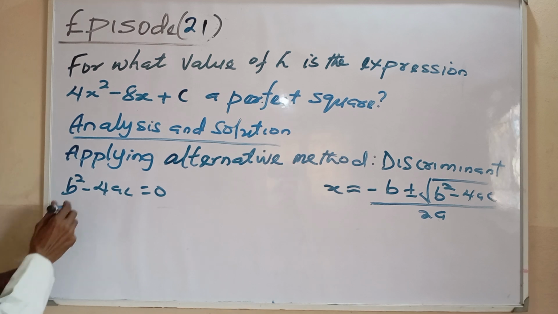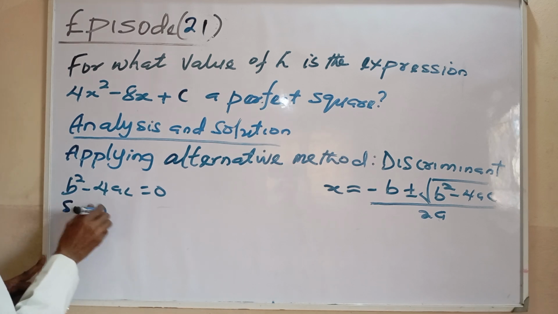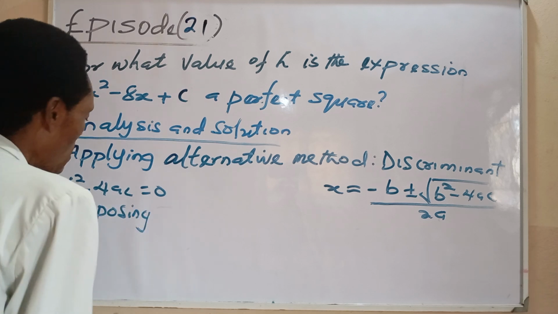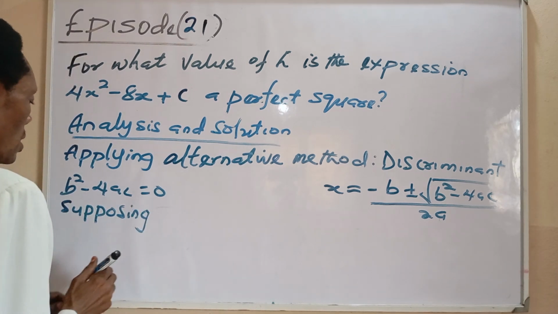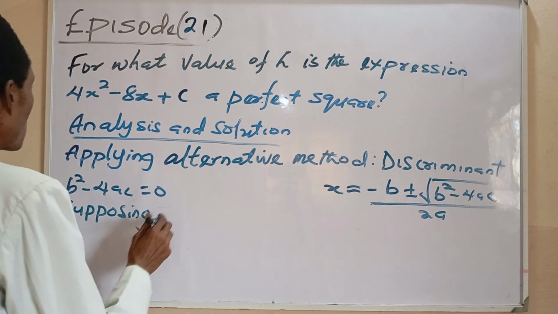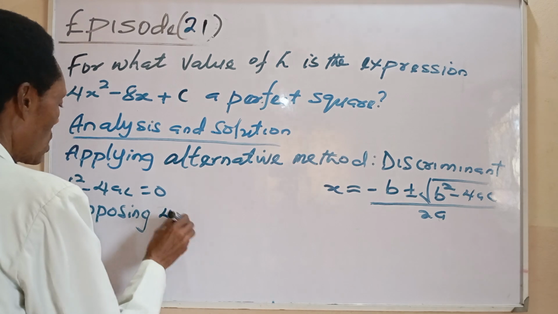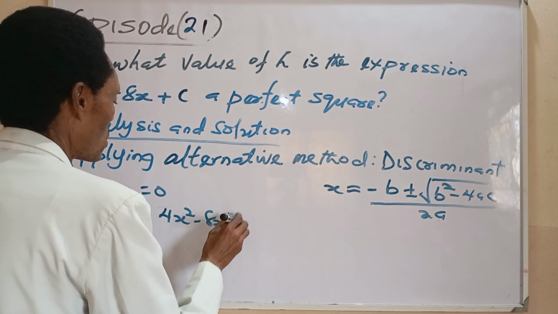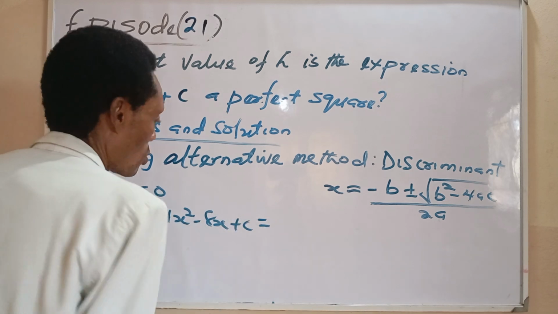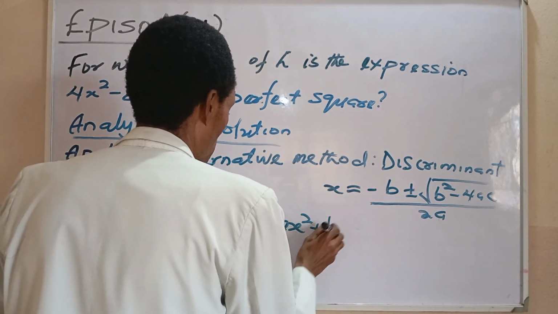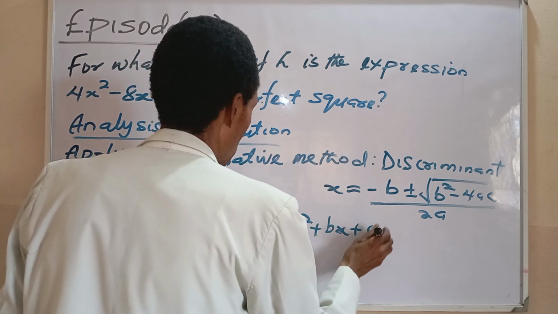So here we will also say that supposing 4s squared minus 8s plus c is of the form as squared plus bs plus c.